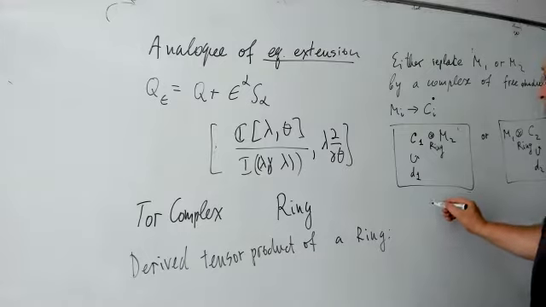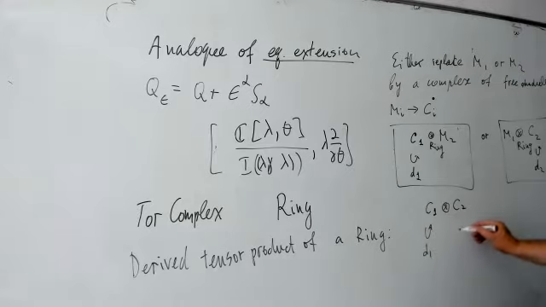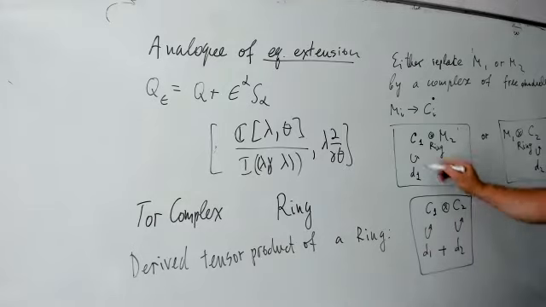I can also do C1 tensor C2 with differentials D1 and D2 acting here. So the total differential would be D1 plus D2. So I have 3 choices.